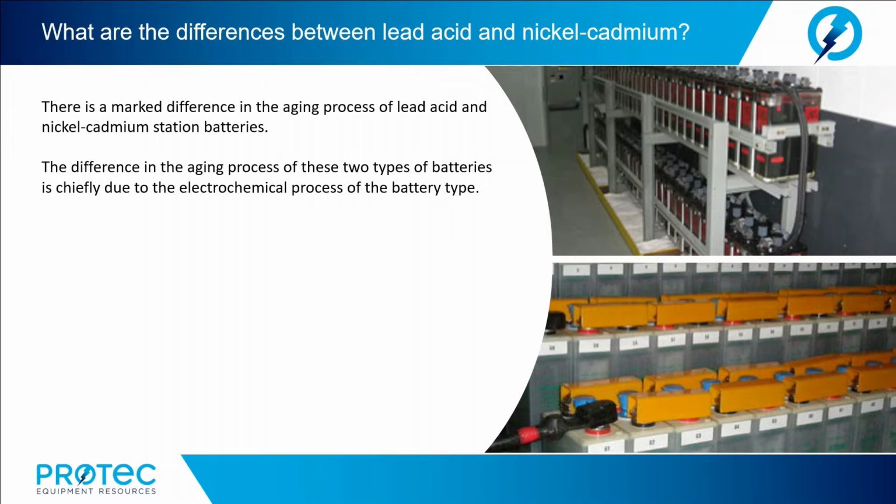Aging and eventual failure of lead-acid batteries is due to expansion and corrosion of the positive grid structure, loss of positive plate active material, and loss of capacity caused by physical changes in the active material of the positive plates.